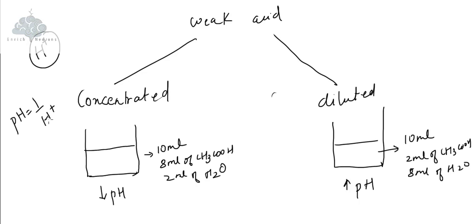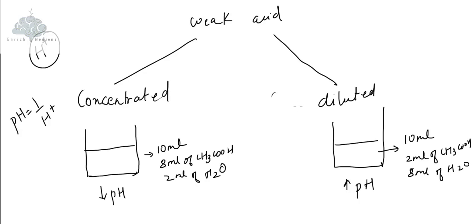Since it's concentrated, it has more of this acid and therefore more H plus ions, and in the dilute case it would have fewer. So we are just comparing both of them. We are not comparing with HCl. Of course, HCl would have a lower pH as compared to this acid we are talking about, that is ethanoic acid.